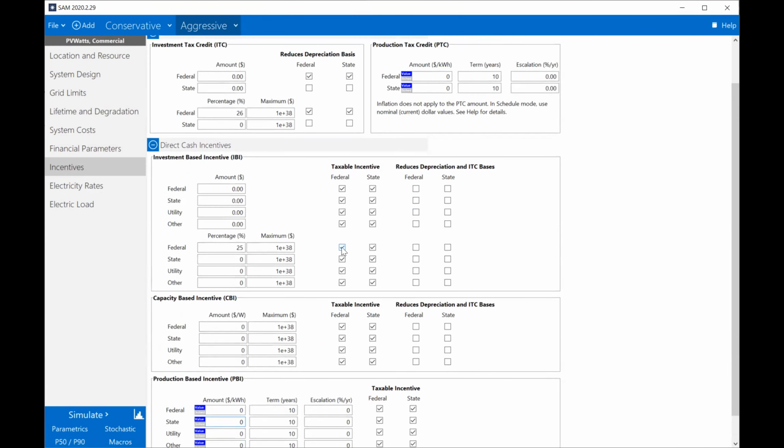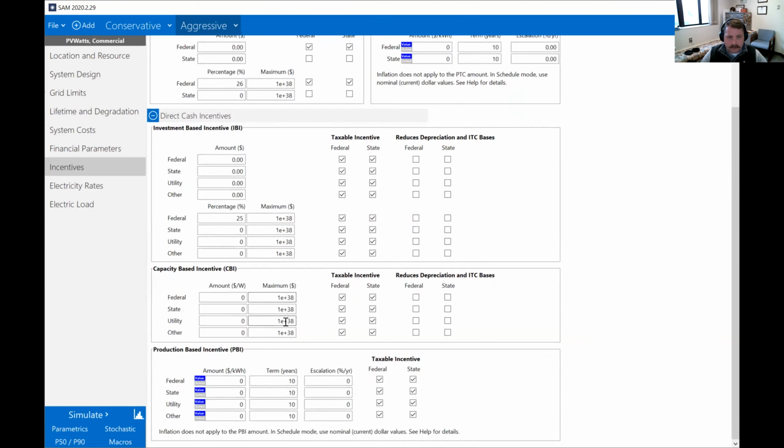If you don't pay income taxes on that, you need to reduce the depreciable portion of the system cost before calculating your 26% investment tax credit. So it's just kind of handy that it has those radio buttons there that'll automatically do that math for you. Yeah, so you need to click on either it's taxable or you reduce the depreciable basis. So one of those two. And we're going to leave it as taxable in this case. But thank you, Eric, for pointing that out.